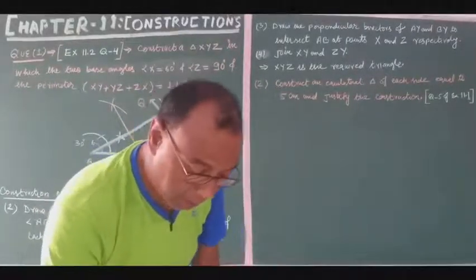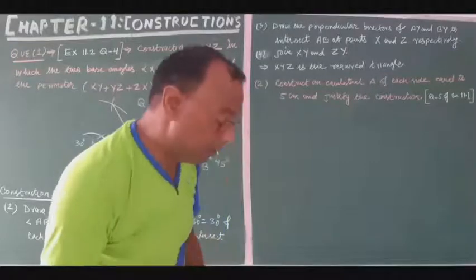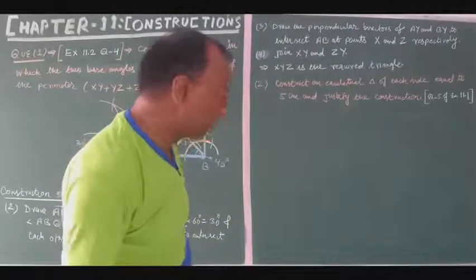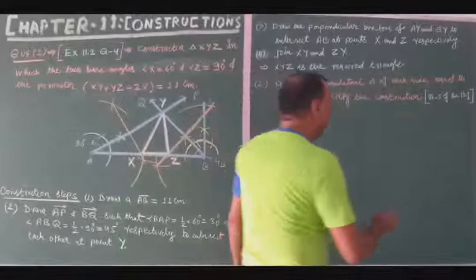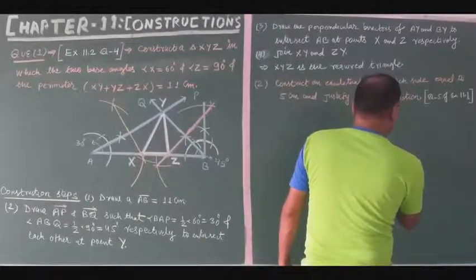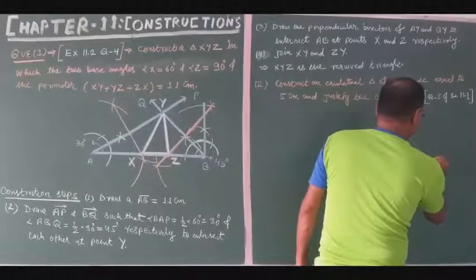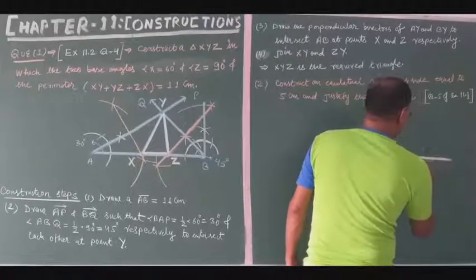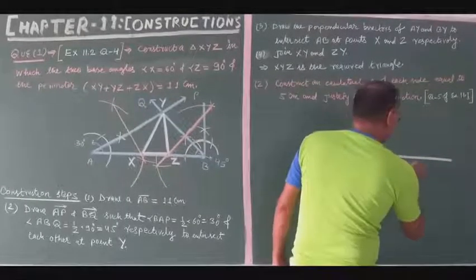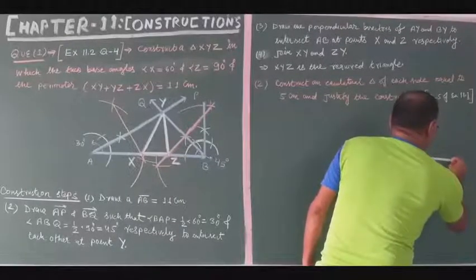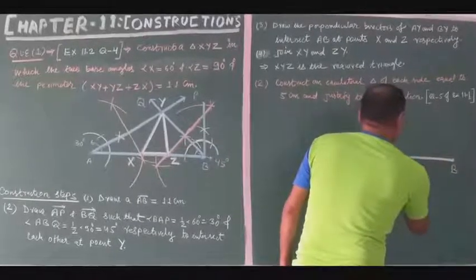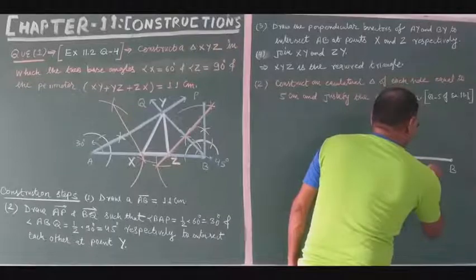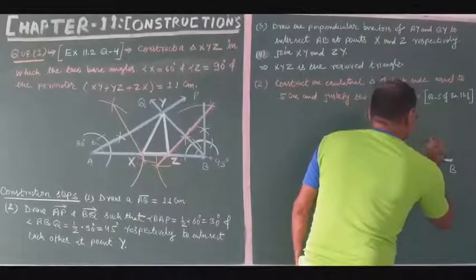Just look here. First we will draw a line segment of length AB. And what is the length of this? 5 centimeter.